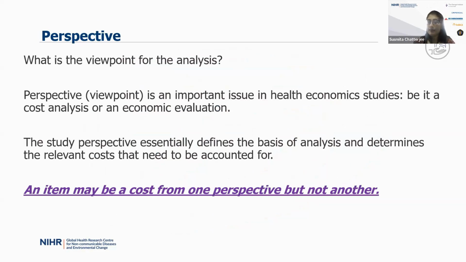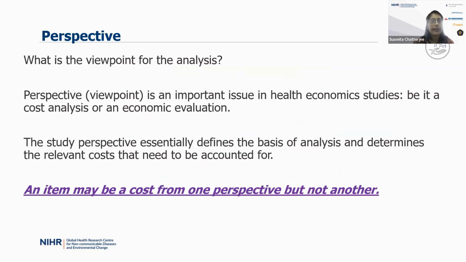The major determination of this is the cost components, because at the end of the day, you will be costing the whole thing. Now, if your perspective, as a researcher, if the viewpoint is not clear, you will mess up the cost items, and you will be thinking, should I add this or should I add this?